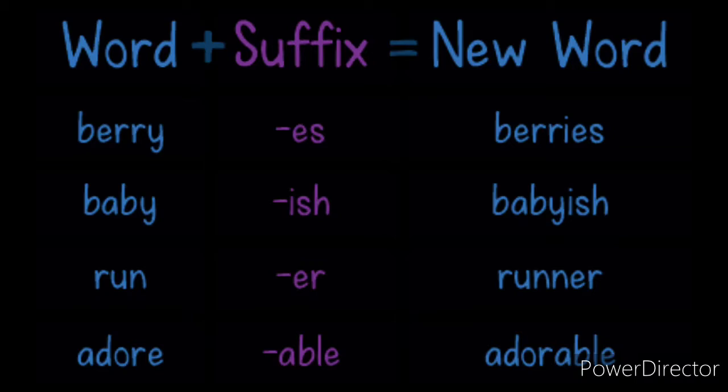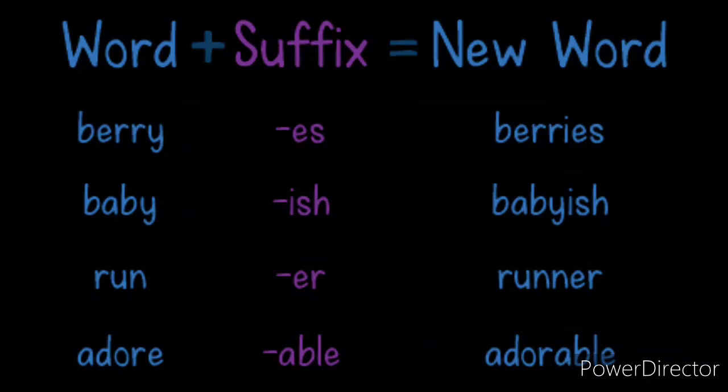Together it is berries. Look at the second word, baby. The root word is baby and the suffix is ish. Babyish, B-A-B-Y-I-S-H. Look at the third word, run. The suffix is er. Together it is runner.